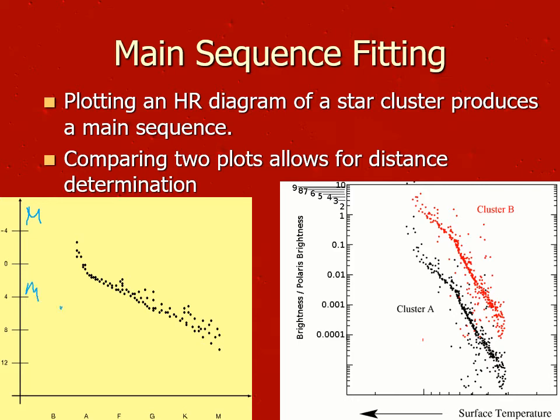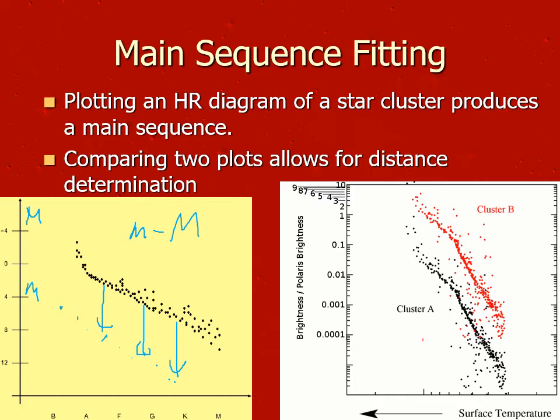Well, little m is typically going to be dimmer, and you're going to end up with a line that is shifted down from where the main sequence should be. Well, the shift is the difference between little m and big M. So that shift would be little m minus big M.